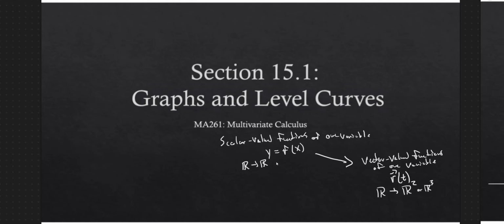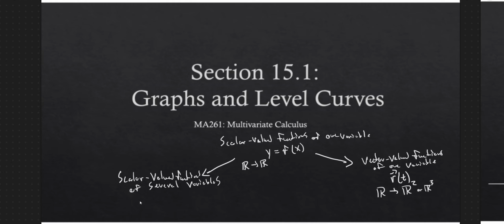But there's another way you can go off of this. Rather than change the codomain here, considering component vectors, you could change the input. And so this is the subject of Chapter 15, which are scalar valued functions of several variables, so two or more variables.